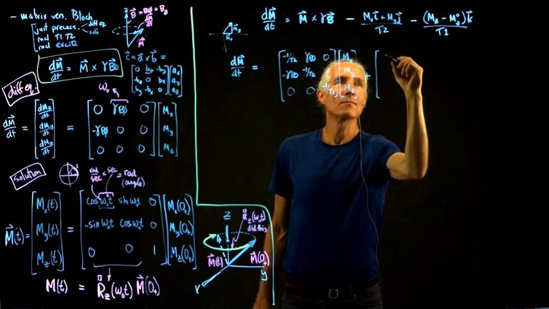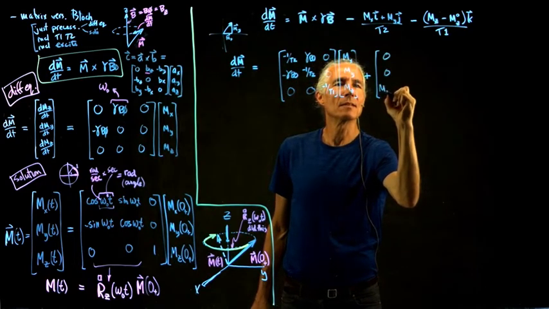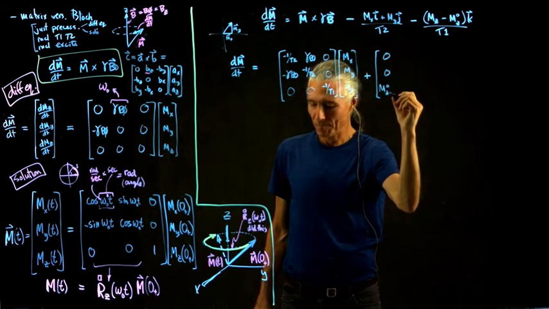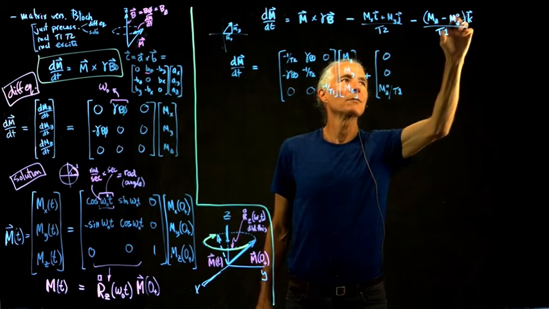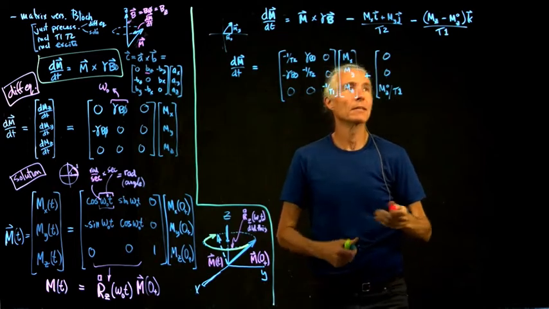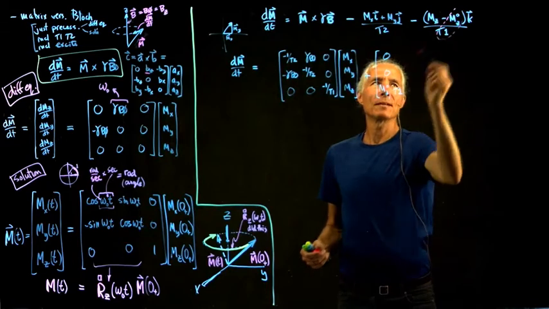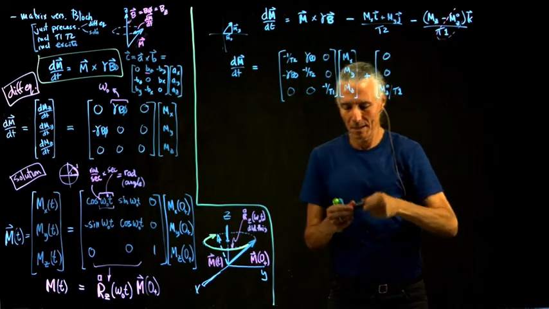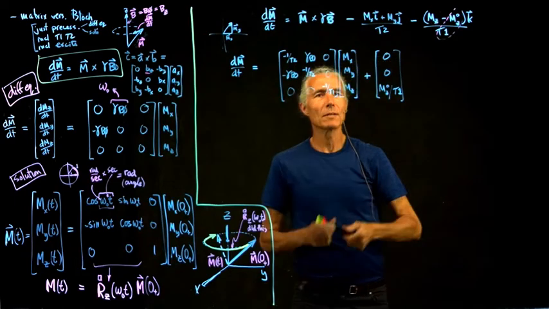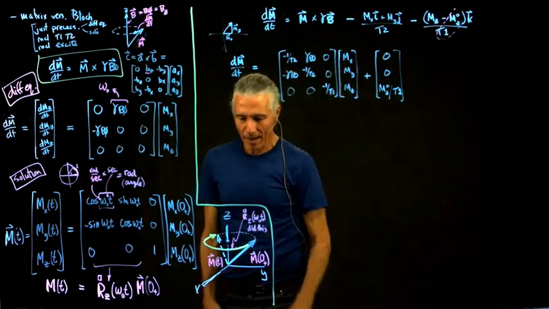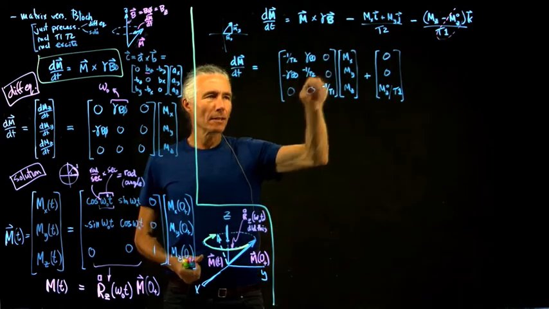This vector is 0, 0, and then Mz0 over T1. So we just pulled out this term, and it's a plus because we got a minus minus. So all we've done now is write out the Bloch equation in a matrix that includes all the actual components.